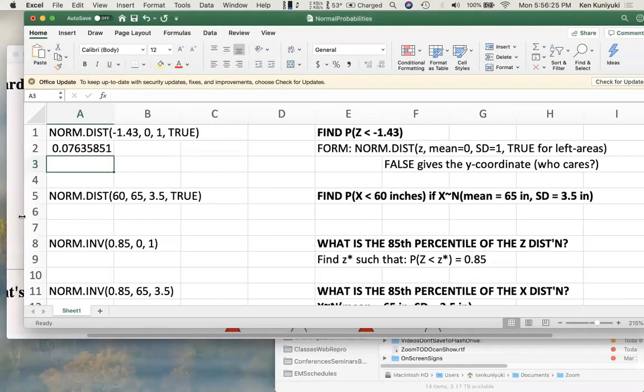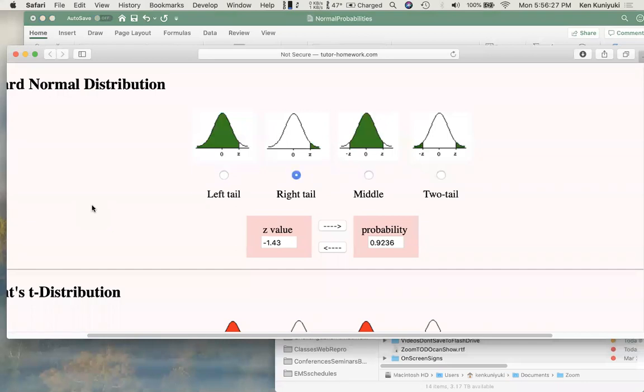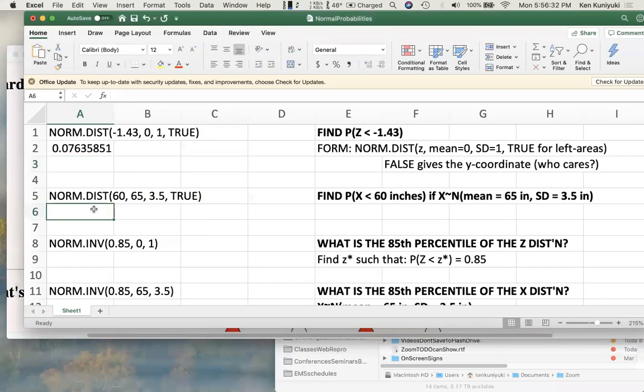Now, the tutorhomework.com website assumes that you know how to standardize and find z-scores. Excel is more liberal. Excel allows you to work directly with the original X distribution. Still, it's good to know how to convert, folks.